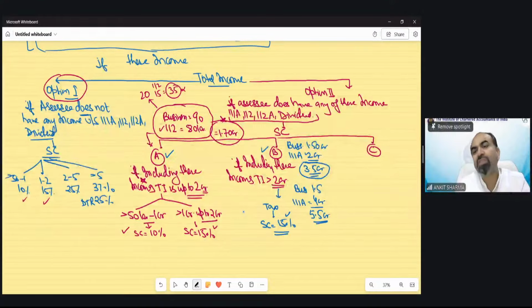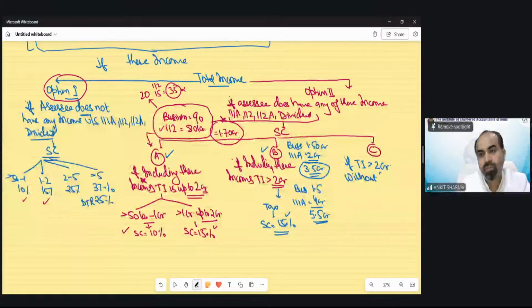Understood? Now C is the last case, when A and B are not applicable. When it is not applicable, understand it carefully. If your total income exceeds 2 crore without including specified income.